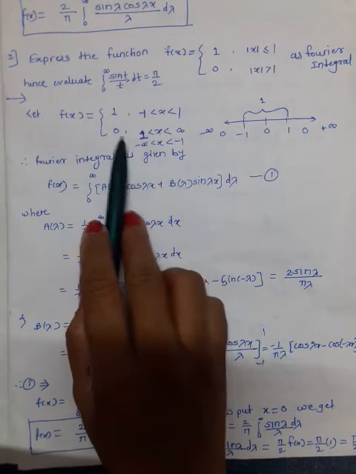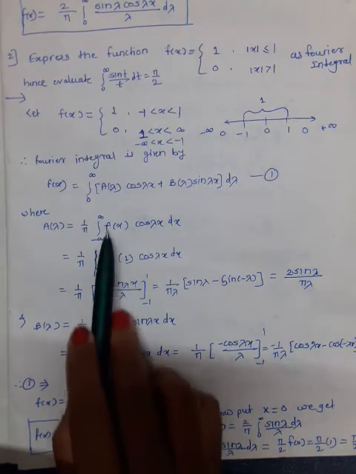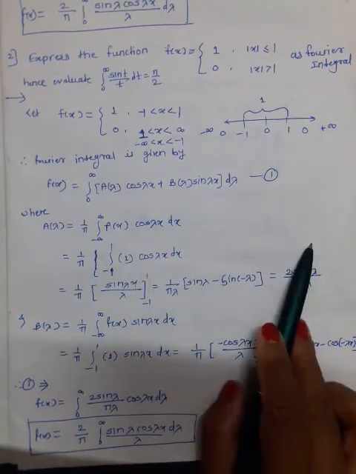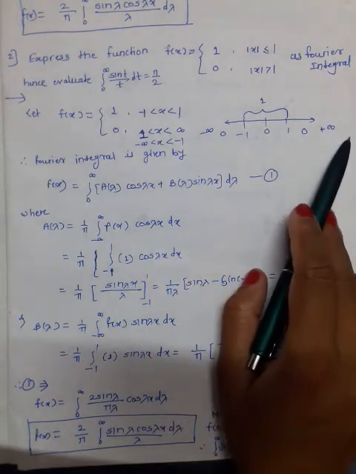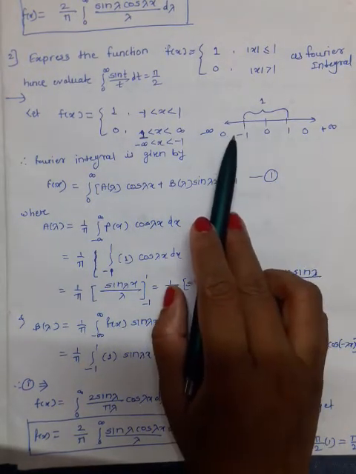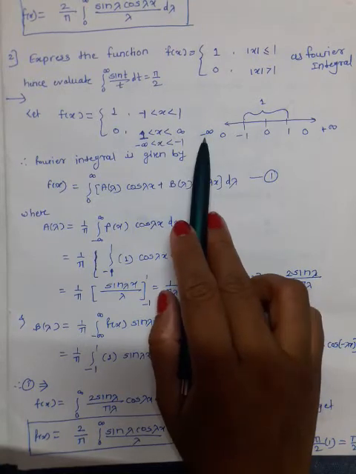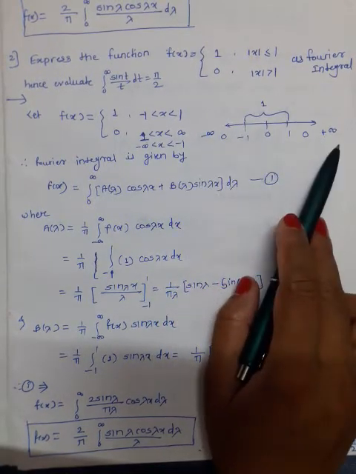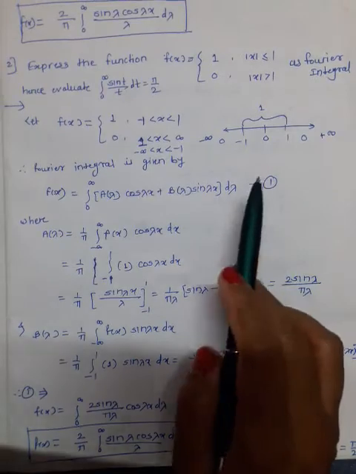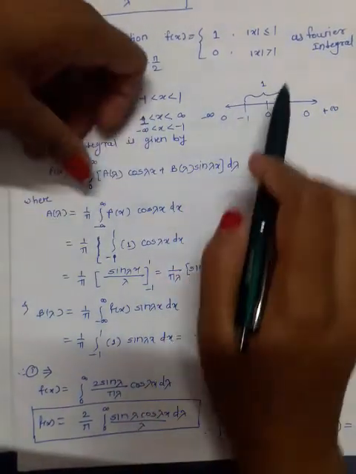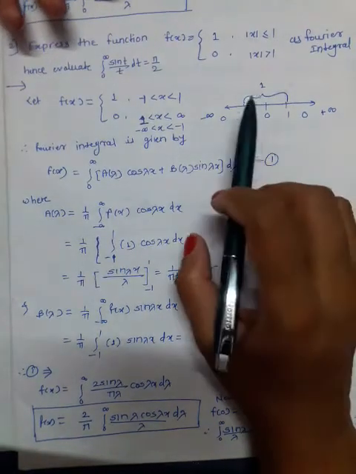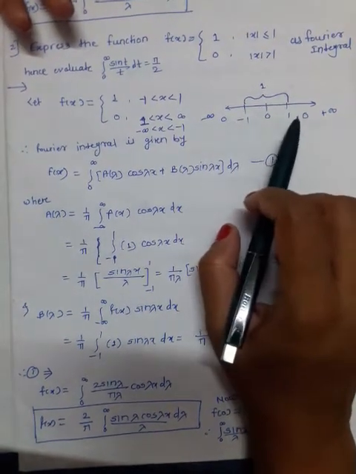We would split this integration into 3 integrations: first from minus infinity to minus 1, then minus 1 to 1, and 1 to infinity. But both the values for minus infinity to minus 1 and 1 to infinity are 0. That's why we don't need to write those integrations whose value is 0. Only the middle interval exists.